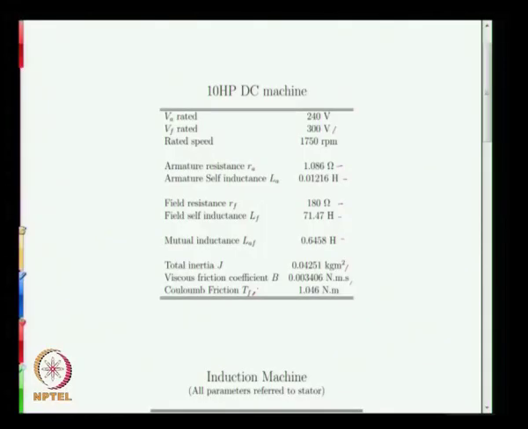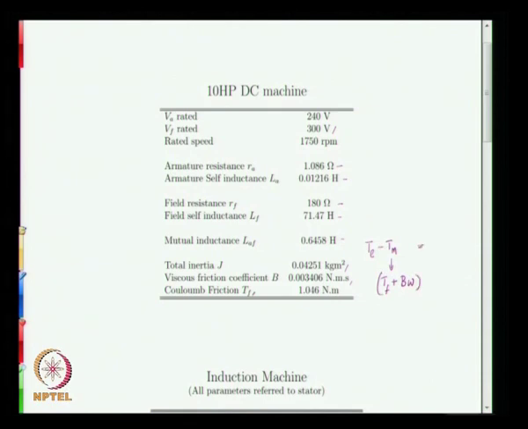This torque is a fixed torque. If you are going to model your mechanical equation as Te, the electromagnetic torque that is generated, minus T mechanical is the accelerating torque, then this T mechanical can be split as Tf plus the viscous friction coefficient times omega.